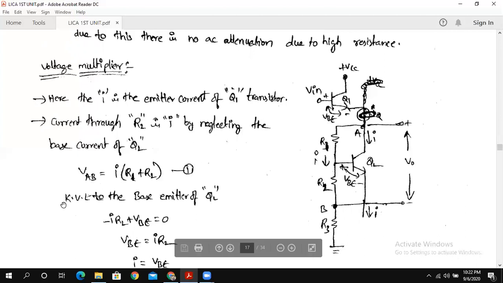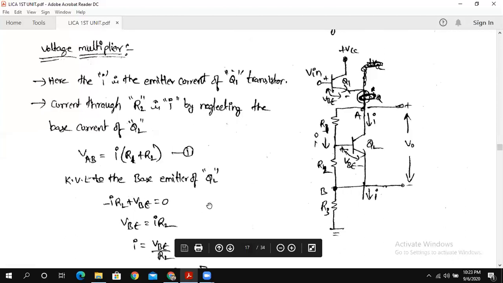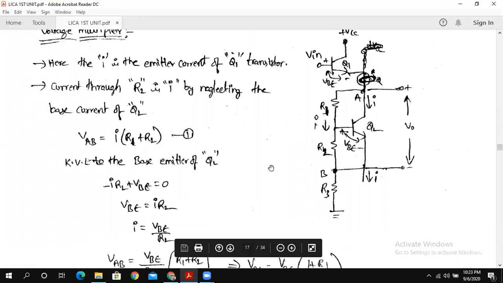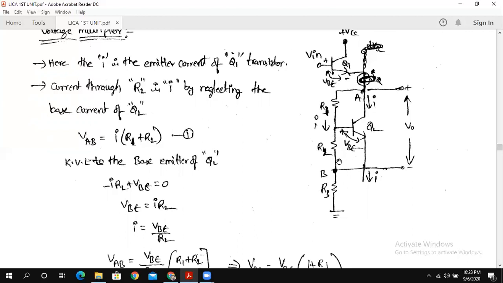Keep it aside. Now we are going to write the KVL for the base emitter loop of the Q2 transistor. This is the part where we are going to write the KVL. The current flowing through R2 is nothing but I. We are going in this direction, opposite to the direction of I, so we are going to write minus I into R2, plus VBE, the voltage drop between the base of the Q2 transistor and the emitter of the Q2 transistor.